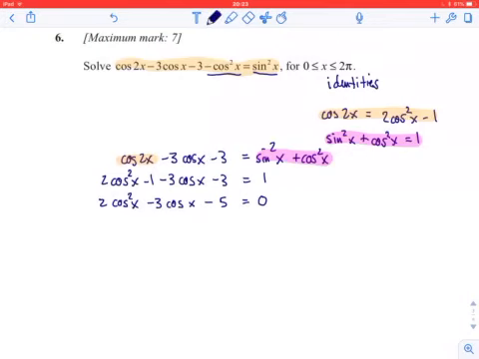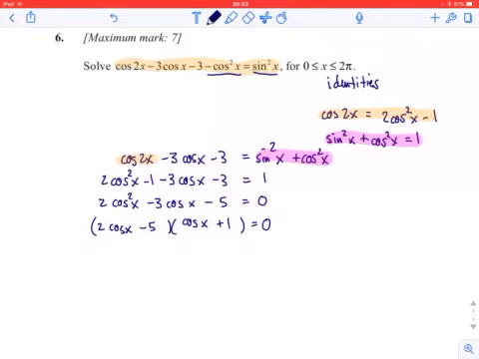So one thing you could do is realize that this expression we might be able to write as a pair of binomials. Specifically, this could be 2 cosine of x minus 5 times the quantity cosine of x plus 1 is equal to 0. How do we know we can do that?